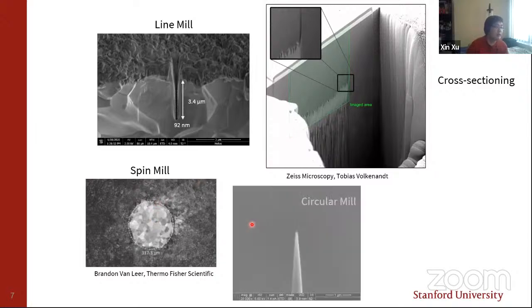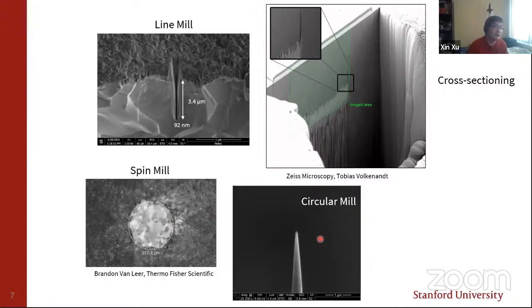In other cases, you can also do a circular mill, and make a pillar or needle from a sample. This is generally used for specific techniques like atom probe or synchrotron X-ray transmission techniques, because the thickness of the sample tip could be less than 200 nanometers, which makes it electron transparent or X-ray transparent.